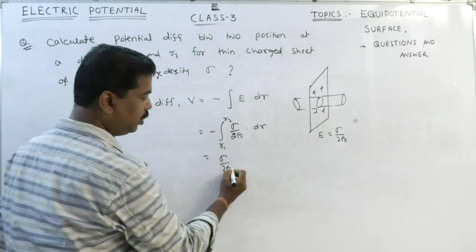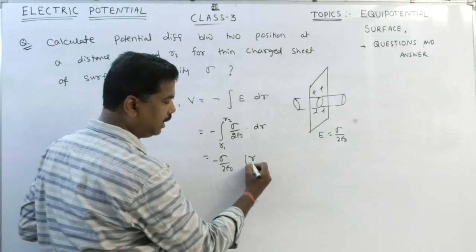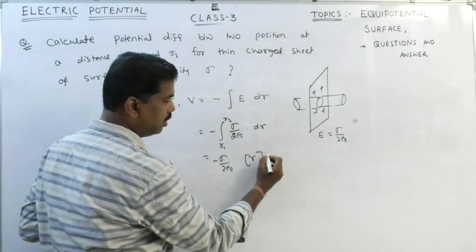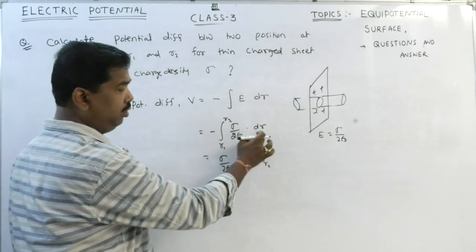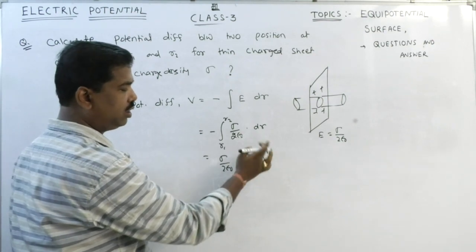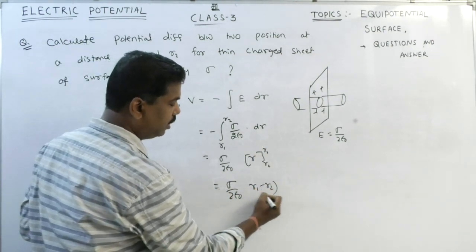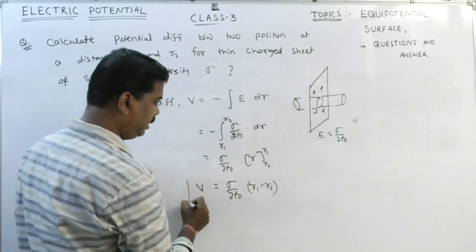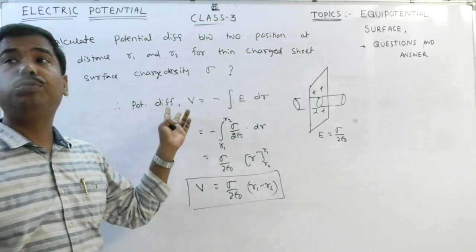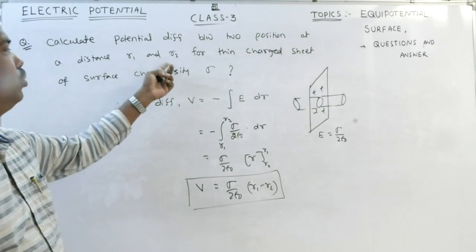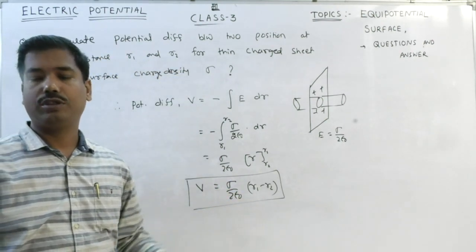Sigma by 2 epsilon 0 is a constant quantity, so the integration of dr is r. Using the negation, I just reversed it and found sigma by 2 epsilon 0 into r1 minus r2. That is the potential difference between two observation points at a distance r1 and r2.